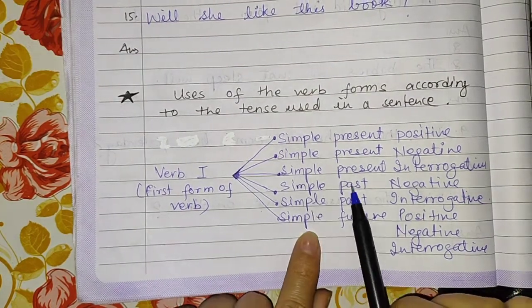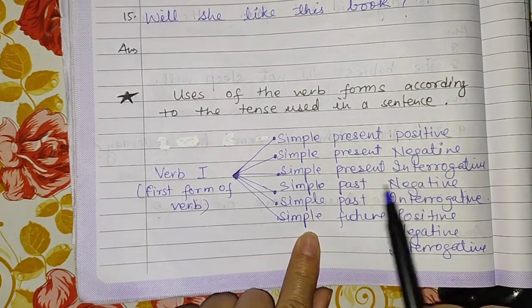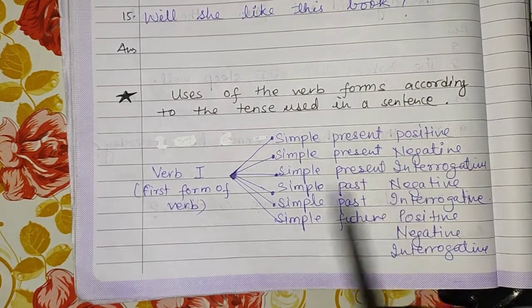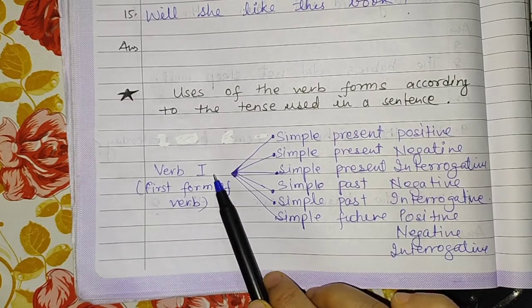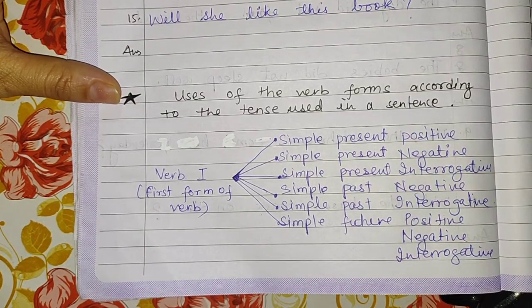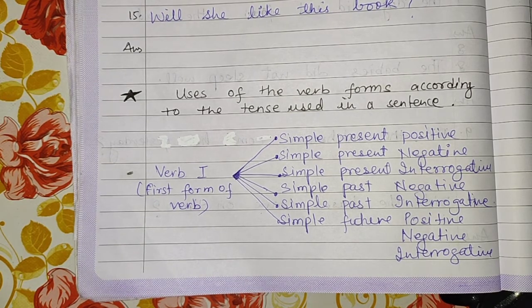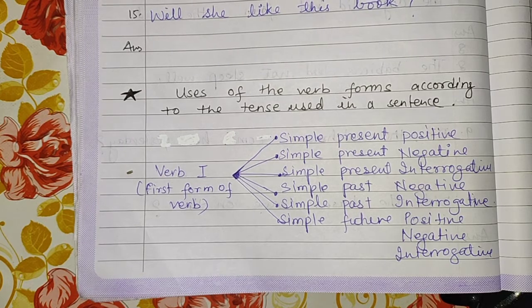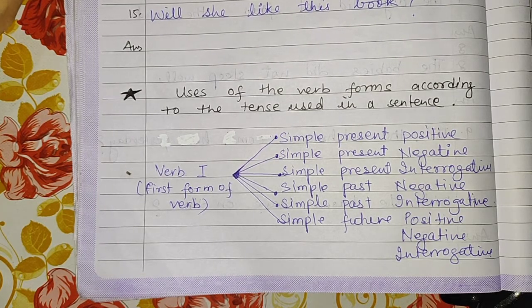Now let's see simple past negative. In a simple past negative sentence we use the verb in the first form. In simple past negative we use did not. Did is used for negative sentences and also for interrogative sentences in the simple past tense.